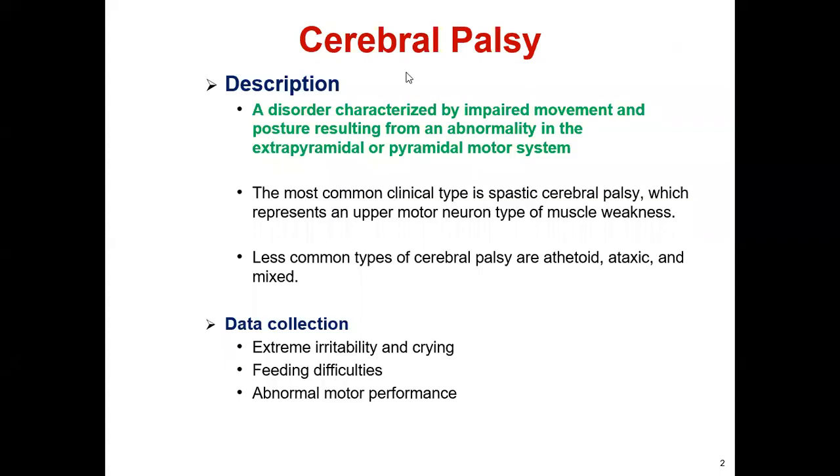So here we are going to discuss cerebral palsy. Particularly, we are going to focus on pathophysiology, signs and symptoms, diagnostic test, treatment, and nursing care plan. So cerebral palsy is a neurological disorder that affects body movement and muscle coordination.